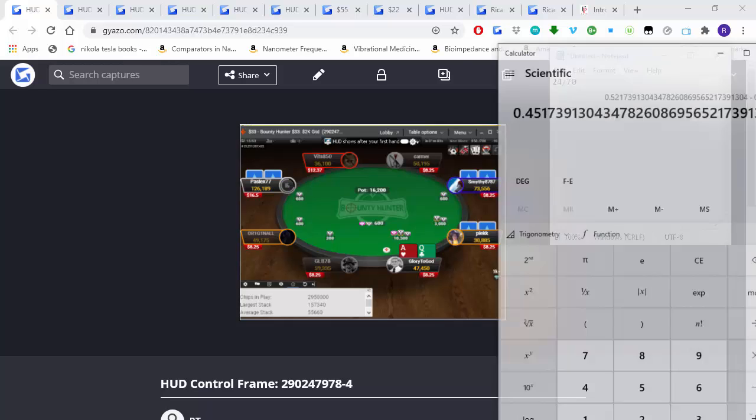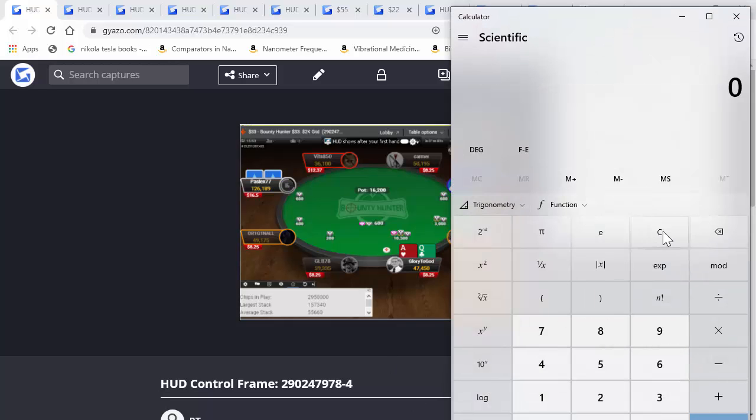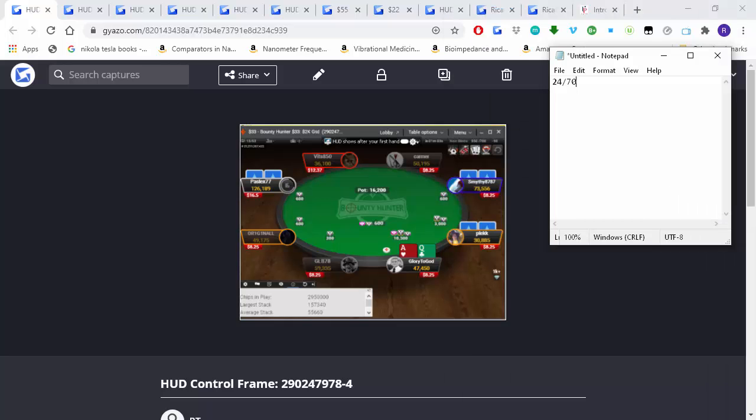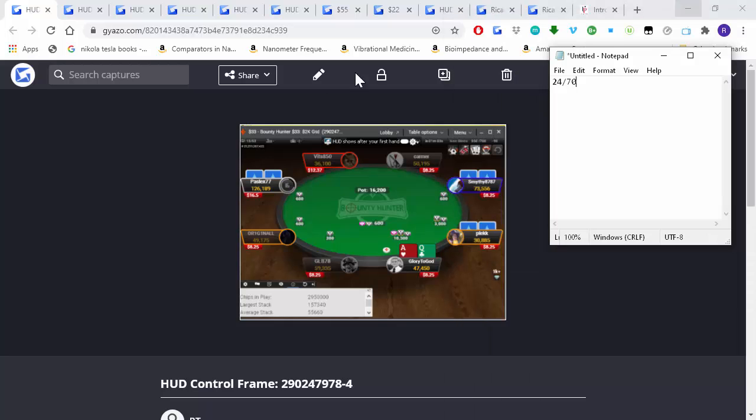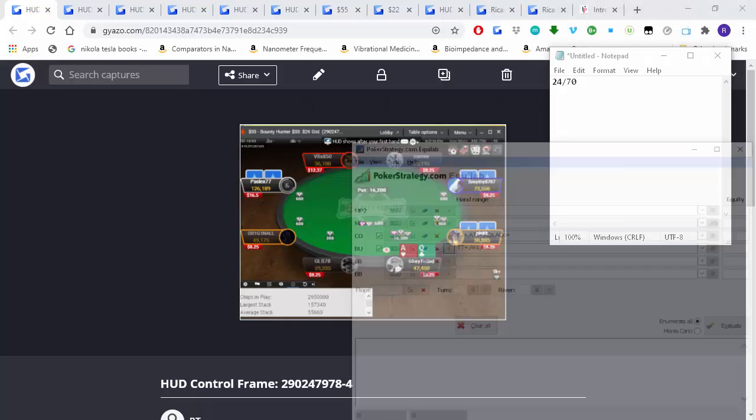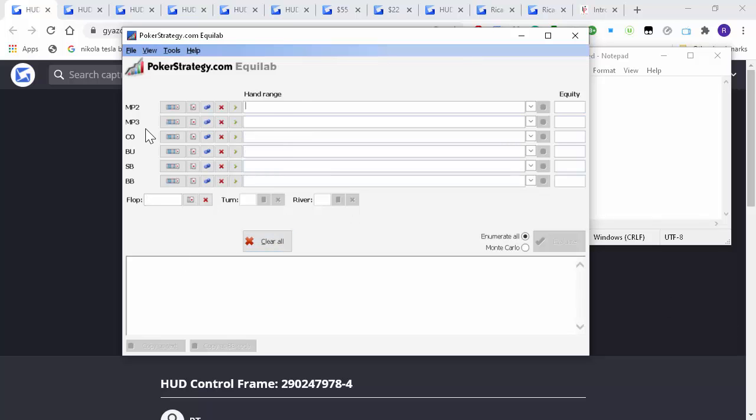Oh man, that seems like it's just way too good pot odds. I don't know. 34% equity. Like I could call any two. How does that make sense? I'm too jacked to think.